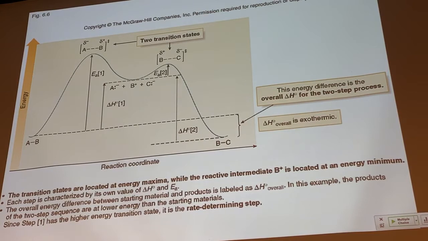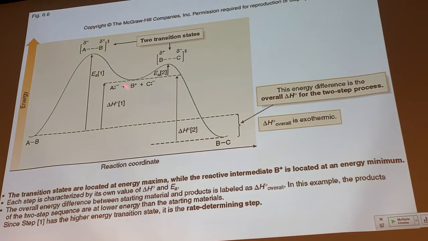So that means that step 1 is the rate determining step. We see that term right here. The step with the higher energy of activation, and therefore the slowest step of the process, is the rate determining step. The overall rate of the reaction will depend exclusively on the rate of the rate determining step.